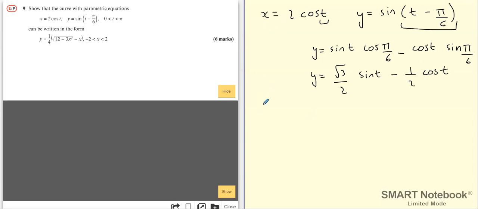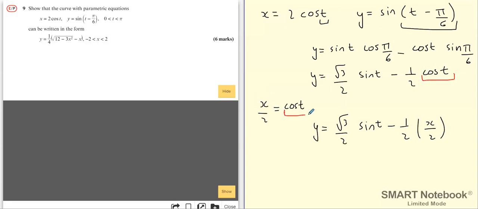So you can say x over 2 equals cos t. I know that for sure, so then I could say y equals root 3 over 2 sine t minus a half times x over 2. I'm doing it step by step. The only thing I know at the moment is that cos t and cos t, because they're the same, I can replace them with x over 2.